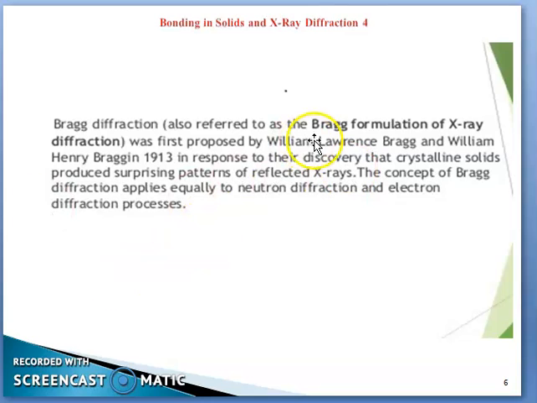And the crystal has a very surprising pattern of arrays depending upon the nature of the unit cells utilized in the crystals.